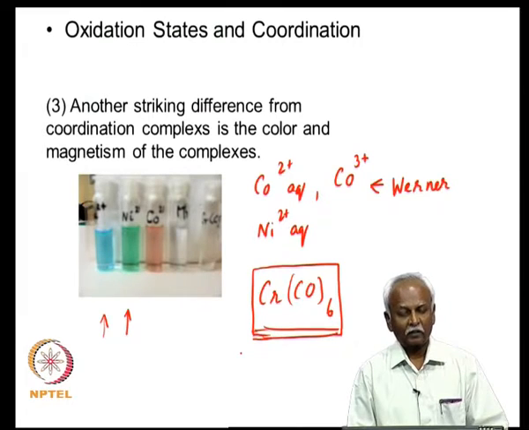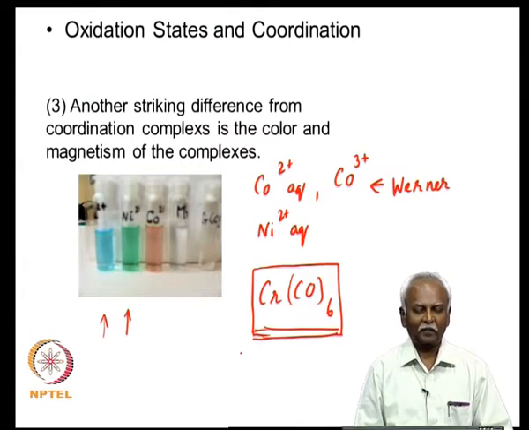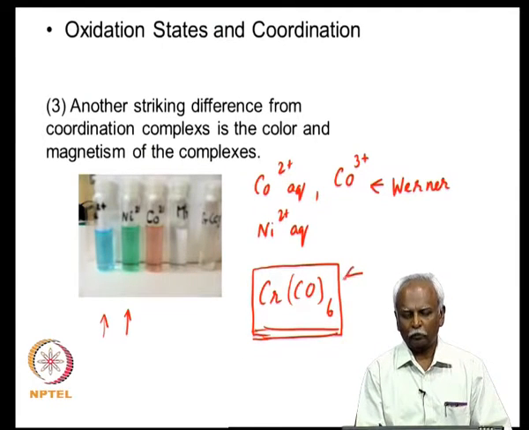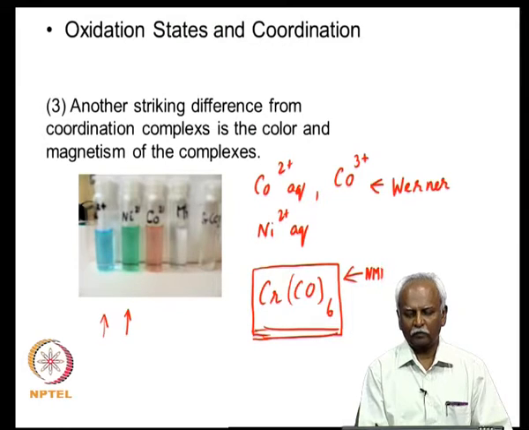So, this is also to be noted, the fact that the magnetic properties of the Werner complexes are often either diamagnetic or paramagnetic. They tend to vary. It depends on the oxidation state and on the strength of the ligand. If you have very strong ligands, they tend to form low spin complexes or even diamagnetic complexes if the electron count is right. Whereas, in the case of organometallic complexes, almost all of them tend to be diamagnetic. This is a distinct advantage because you can carry out NMR spectroscopy of these complexes.